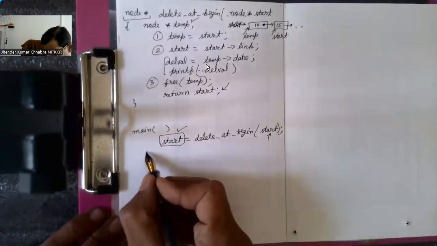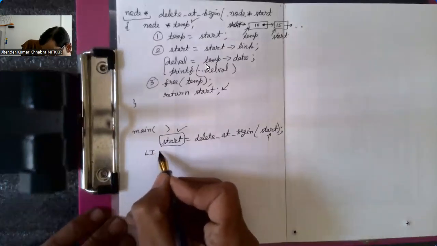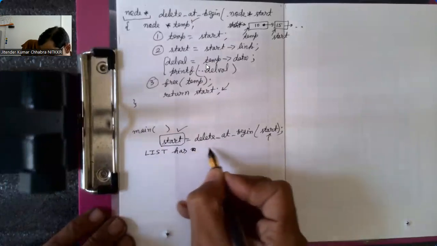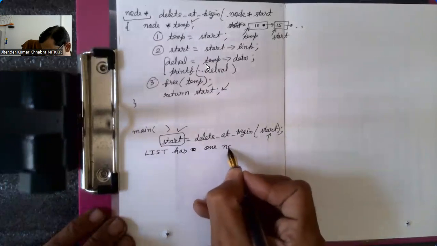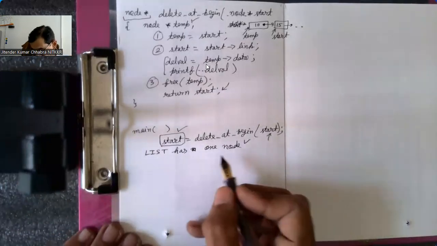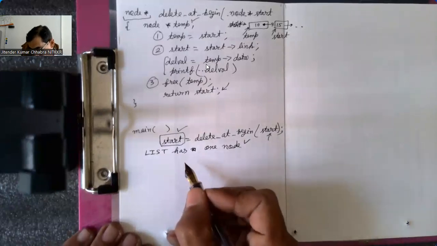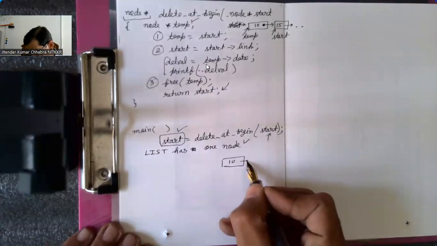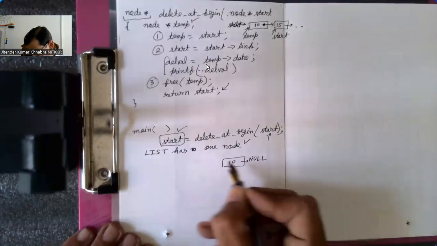Now, first thing, let's say the list has a single node only, one node. So deletion should work. That is a valid case. Invalid cases we have not yet discussed, but we will see later. One node means there was only 10, and the list is empty after this.